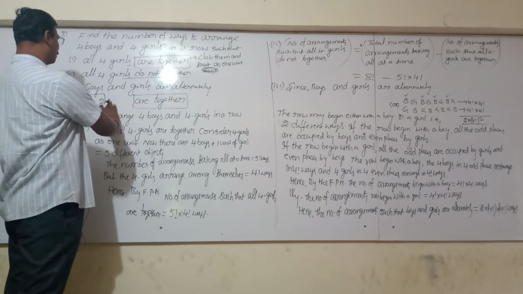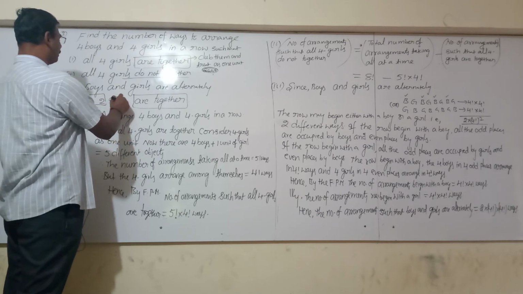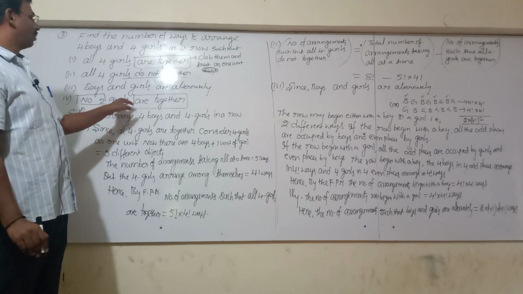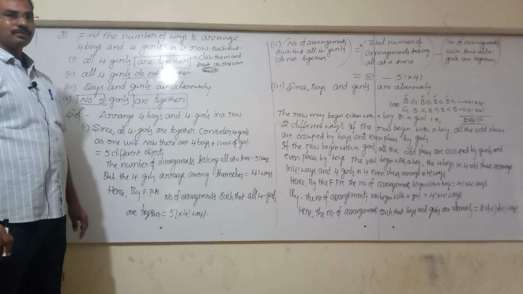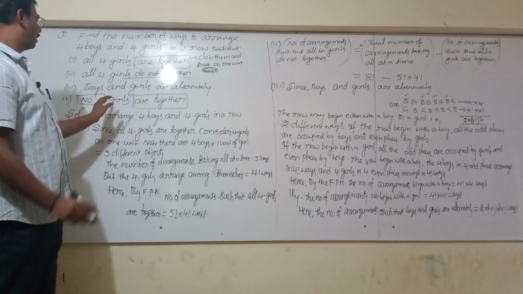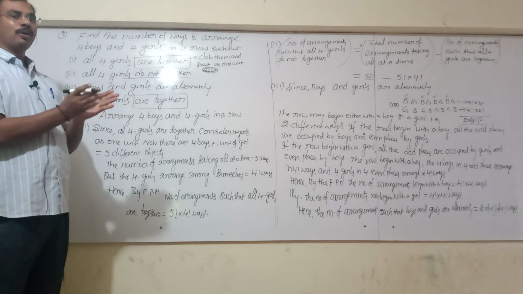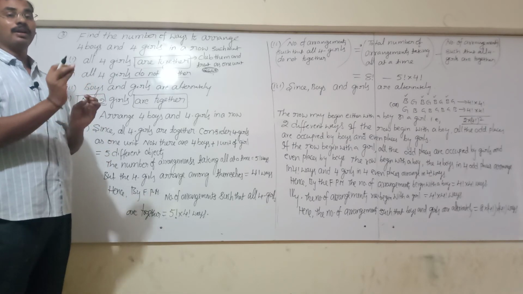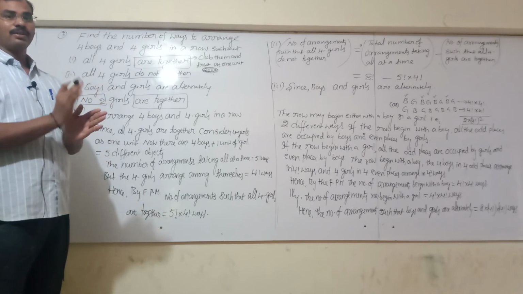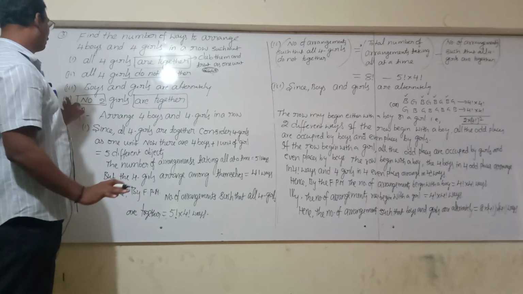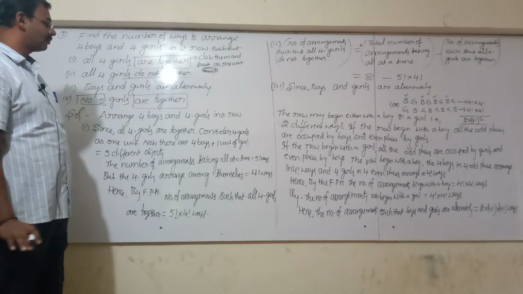Change the question to girls only: no two girls are together. This means two boys may come together, but two girls may not come together side by side. So how many ways would I arrange this?